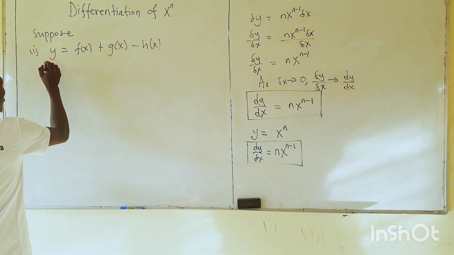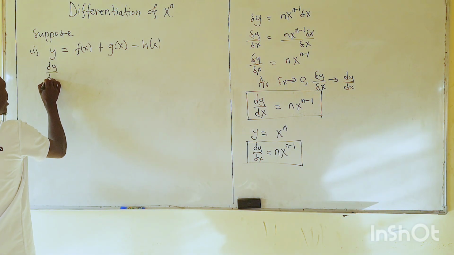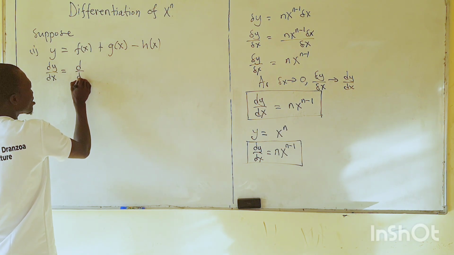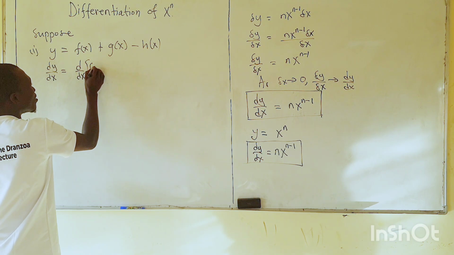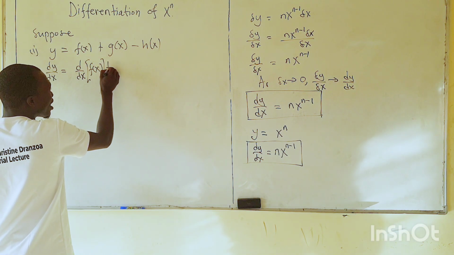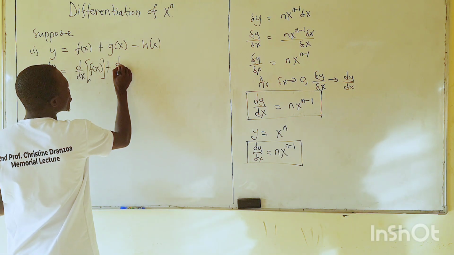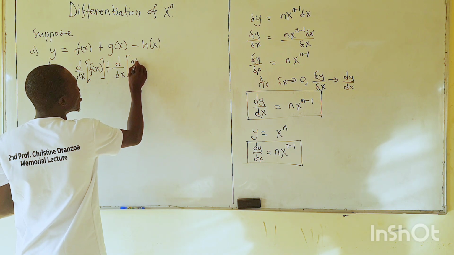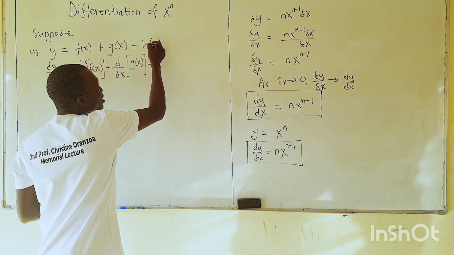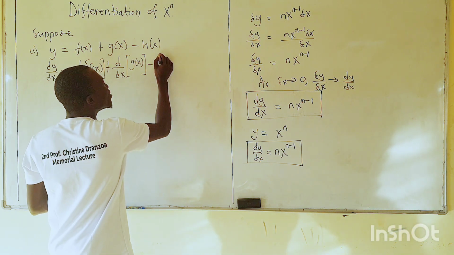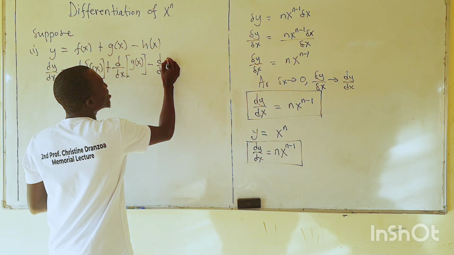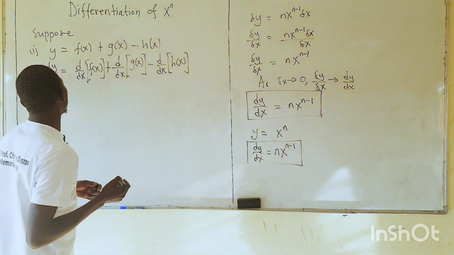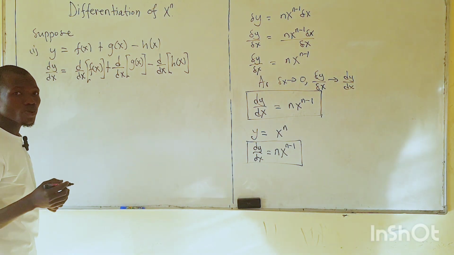The derivative dy/dx will be the same as differentiating f of x with respect to x, then adding the derivative d/dx of g of x, then subtracting the derivative d/dx of h of x. That is rule 1.